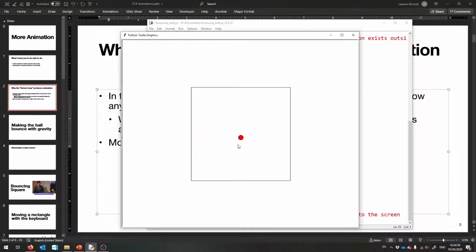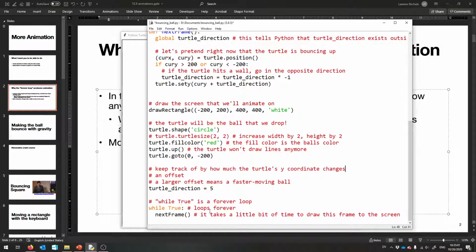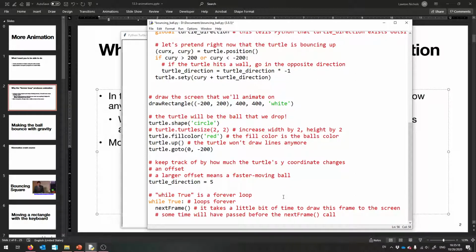So the next time it comes back to this while true loop to draw the next frame, some time will have passed.